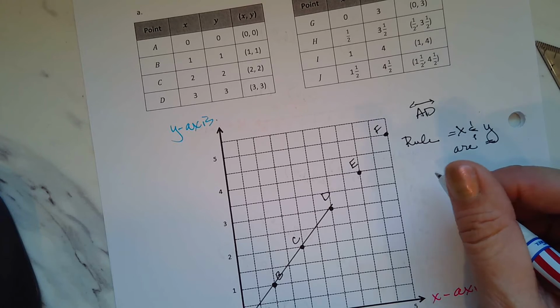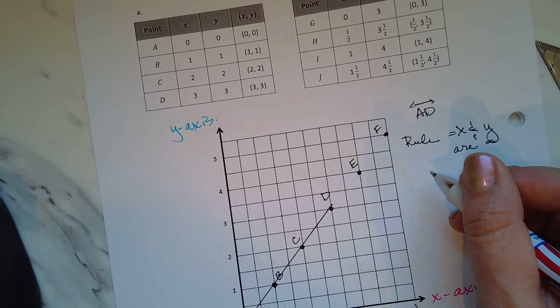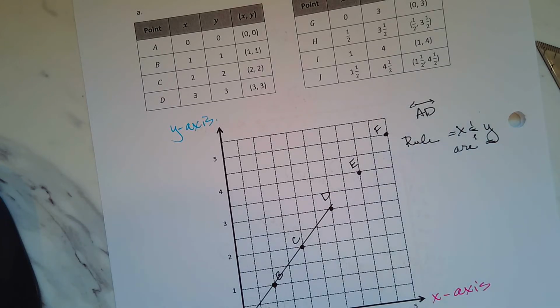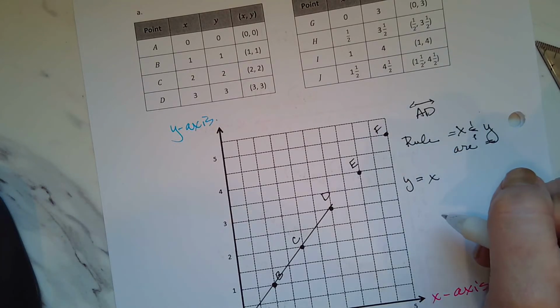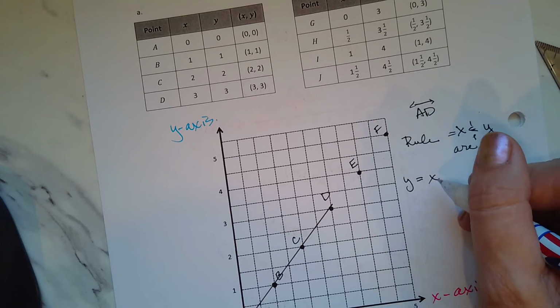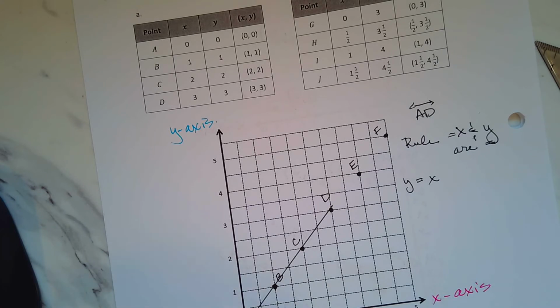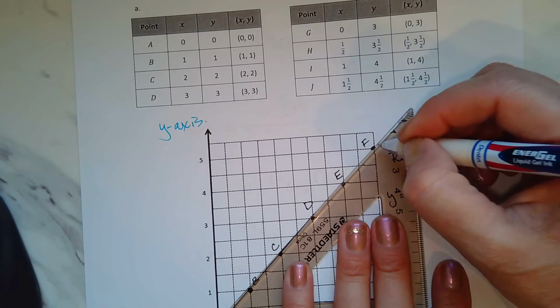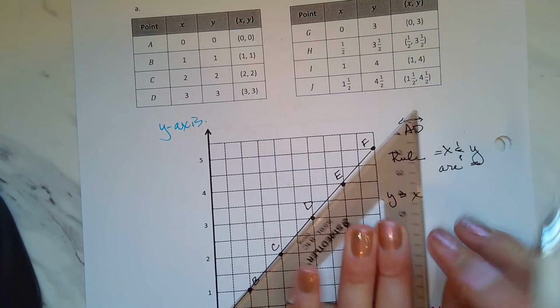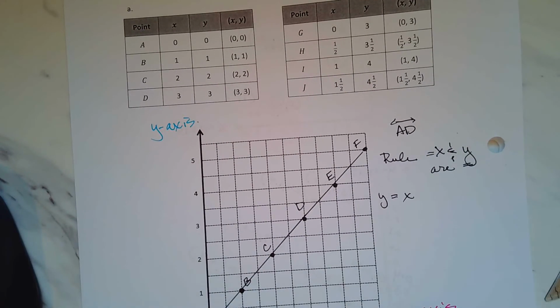We could say Y is equal to X. X and Y are equal. Here, let's continue to connect those. So that is our rule.